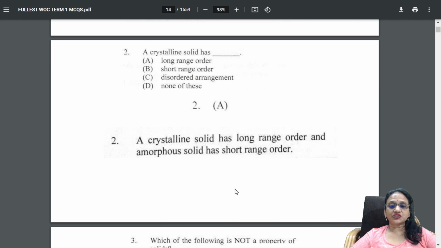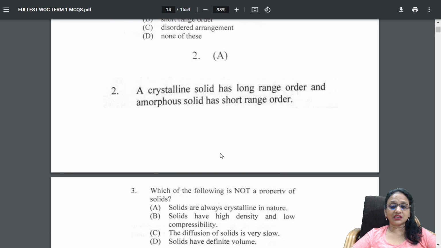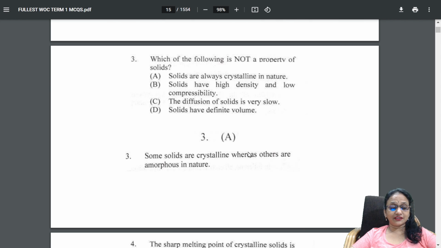We have done questions about crystalline solids. I have given the option here, the answer here. Slowly, I go to the next question: which of the following is not a property of solids? Easy. Solids are not always crystalline because they can be amorphous or crystalline. Got it, students? So that is this question.